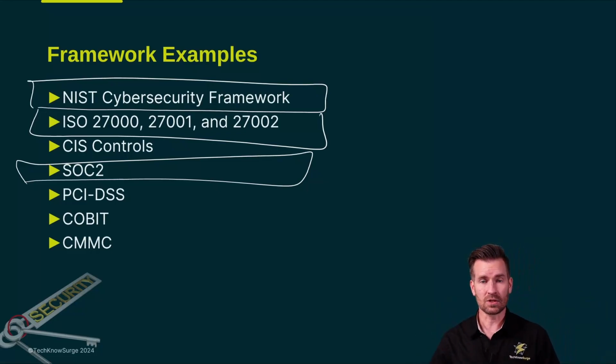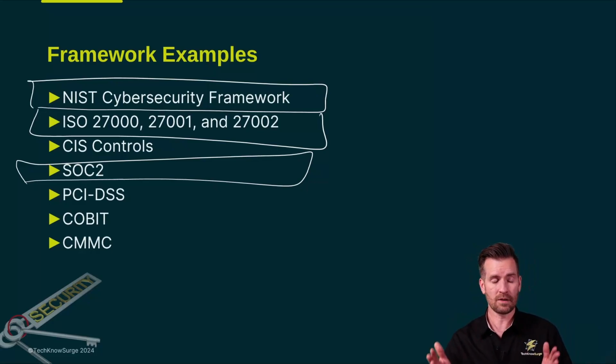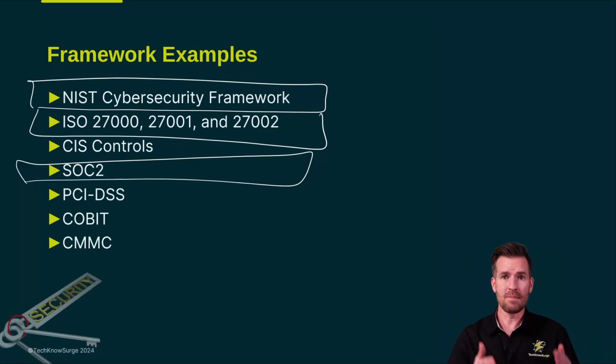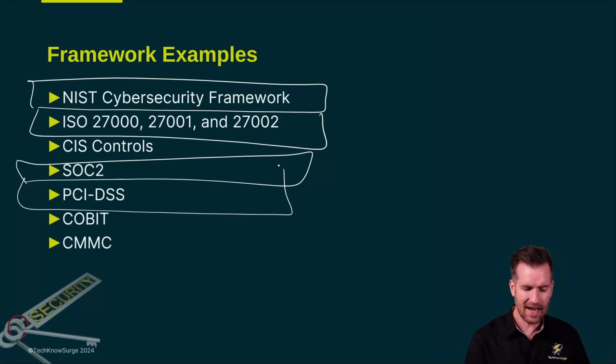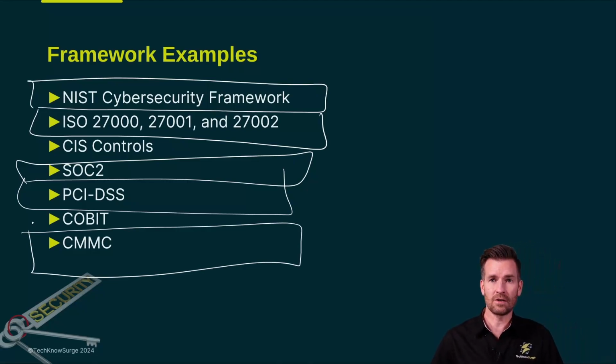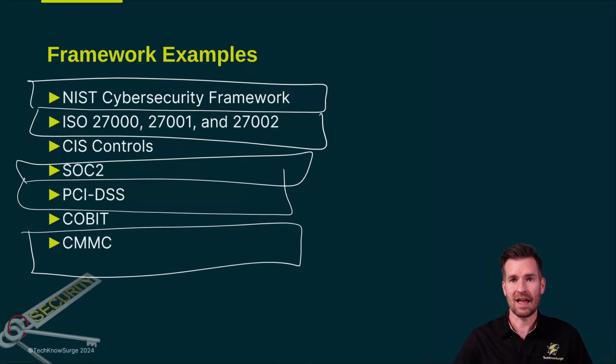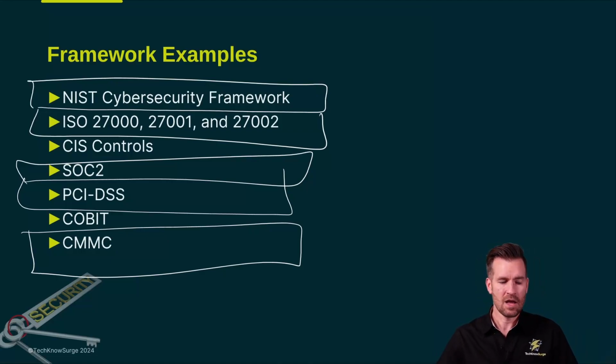They analyze your controls to make sure that they're appropriate for the size of business you are and make sure that you're following those controls. So that's the SOC 2. If you're dealing with credit cards, then that's the PCI. If you're dealing with other government agencies or you're a federal contractor contracting with federal agencies, then you'll need to be CMMC certified. So depending on what your scenario is, you would choose different ones.